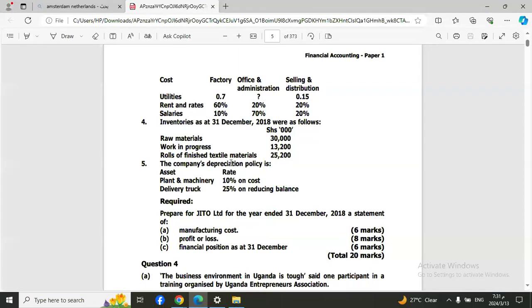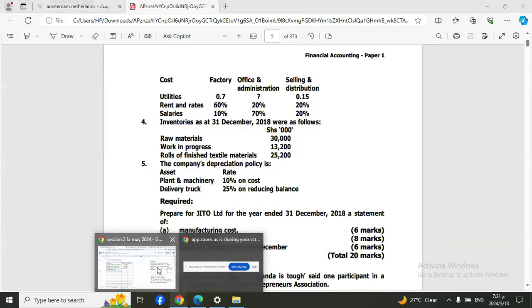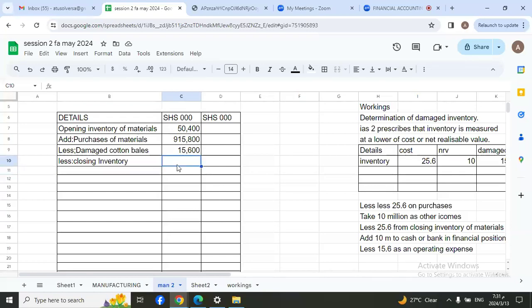So we add our closing inventory. Our closing inventory, when you check, it is on note number 4, inventory at 31st of December 2018. You see, we have raw materials 30,000. So we come under our workings, we put 30,000.